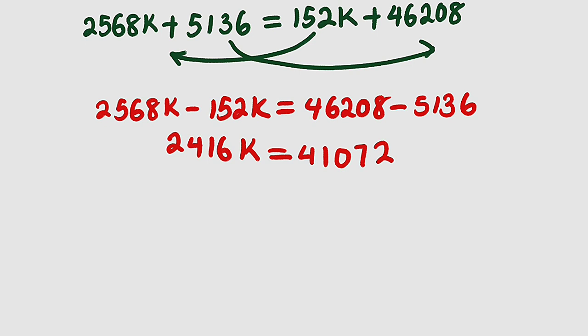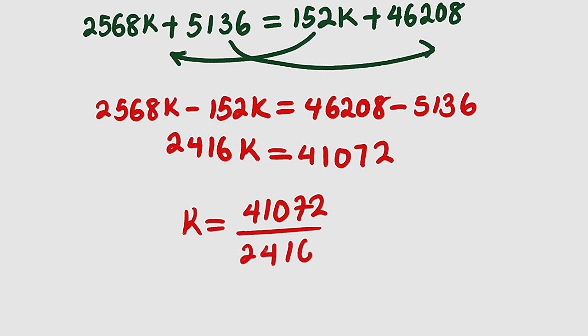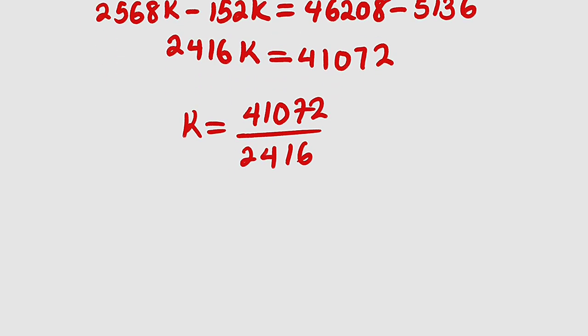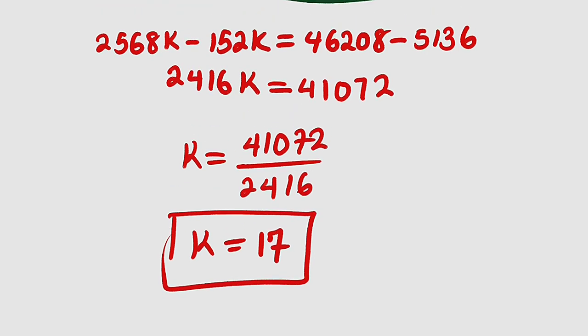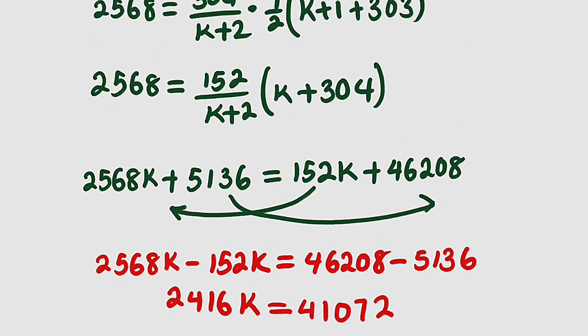And lastly, we divide both sides by the coefficient of k, so k is equal to 41,072 divided by 2,416, and this is exactly equal to 17. Hence, the value of k in that sequence is 17.